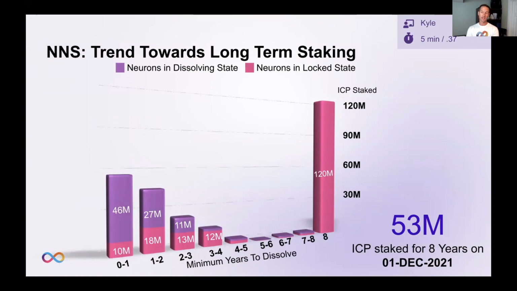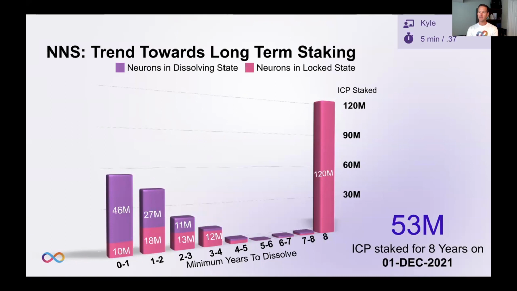A big portion of that is those pre-Genesis neurons that the NNS launched with at Genesis. However, what we see is a significant trend towards new participants to the NNS staking for longer dissolve delays and keeping their neuron locked. And so look at that all the way on the right there, that 8-year neuron bucket, we have 120 million ICP in 8-year neurons.